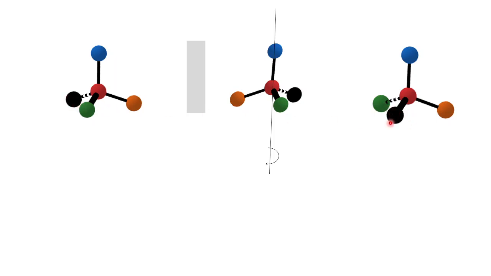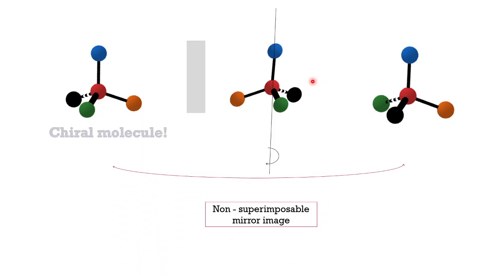And you can try as many moves as you like, you would never be able to superimpose these two molecules. So this is the mirror image molecule of this molecule, and that's not superimposable on the first one. That's why we have a non-superimposable mirror image of a molecule, and that's why this molecule is chiral, or this molecule is also chiral in that way, because mirror image is a symmetric relation.